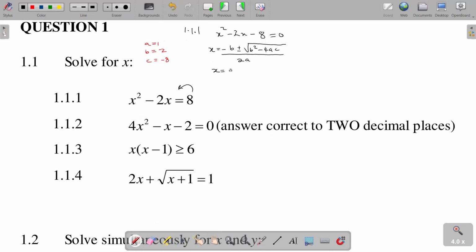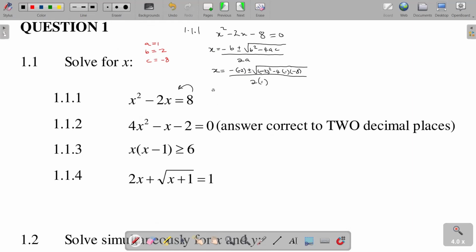So our x is equal to minus our b, it's minus minus 2, plus or minus the square root of b squared, which is minus 2 squared, minus 4ac. Take note, our a is 1, our c is negative 8, all over 2a. Our a is 1.